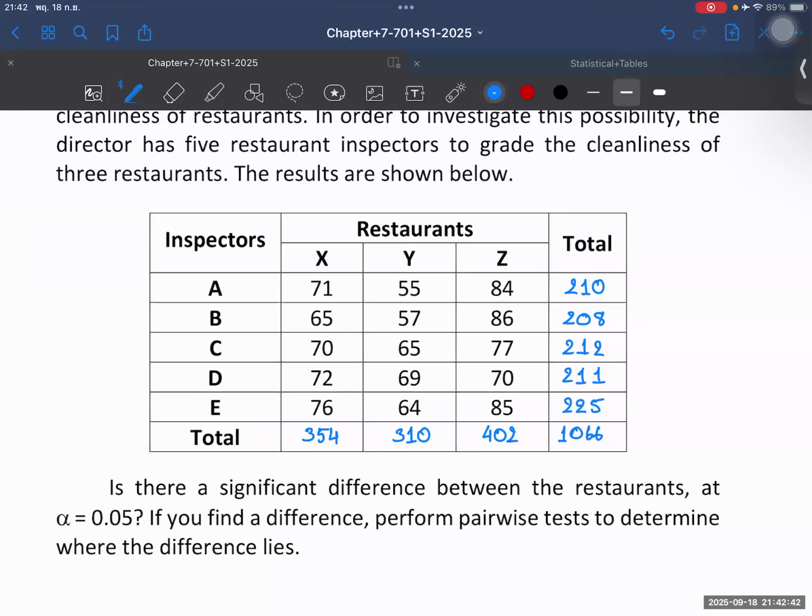Okay, let me see first. So this is the restaurant and this is the inspector. So the restaurant has K equal to 3 treatments. And the inspector, we have L equal to 5: 1, 2, 3, 4, 5. So this is treatment and this is block.